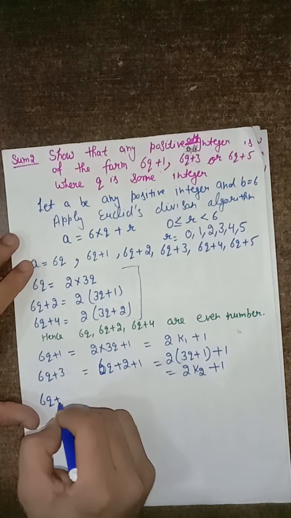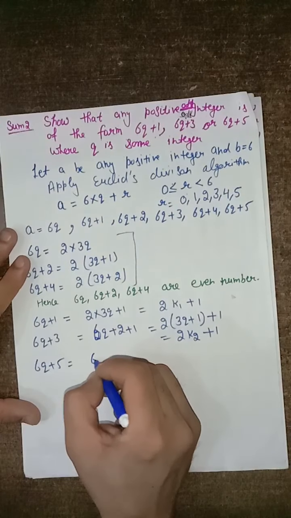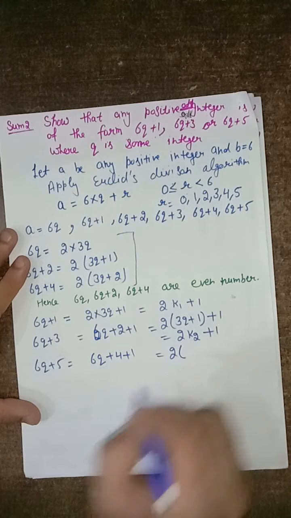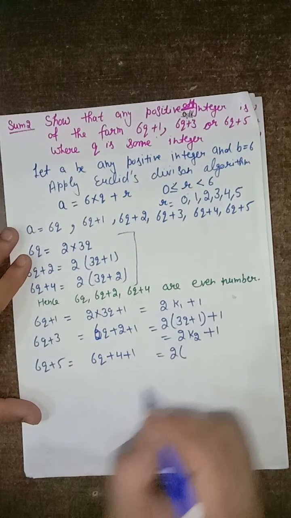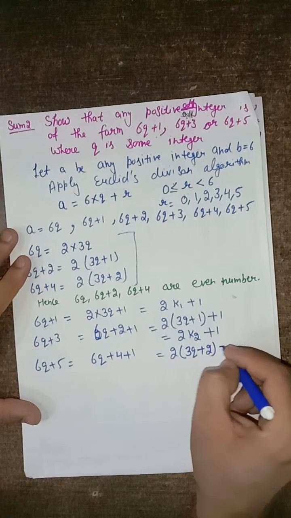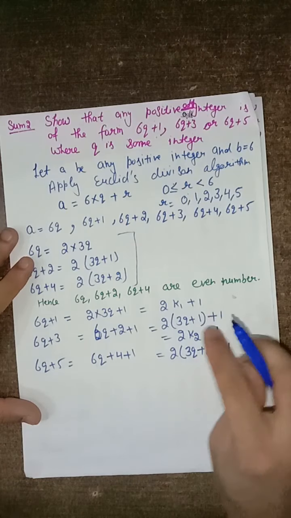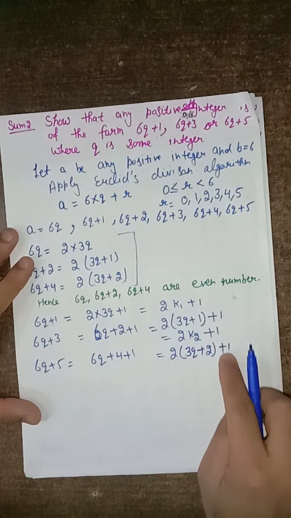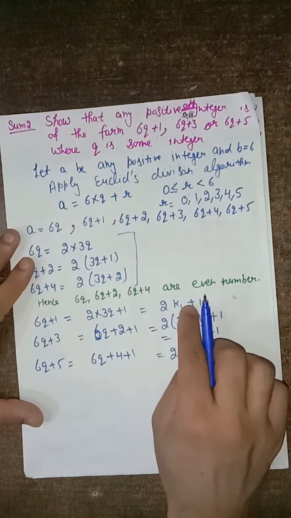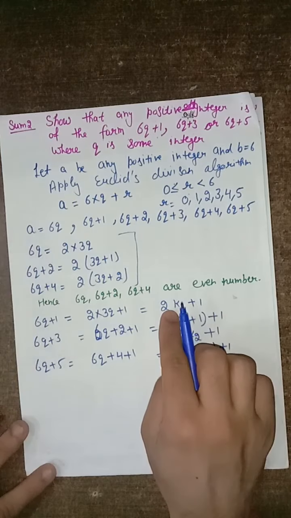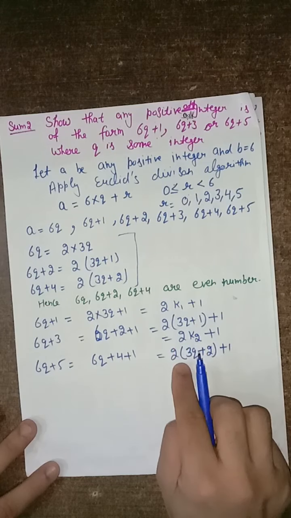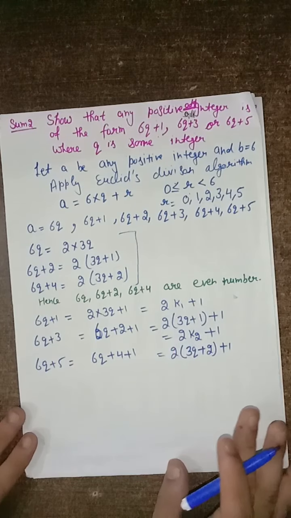And 6q plus 5 can be written as 6q plus 4 plus 1, and when we common out the 2, we are left with 3q plus 2, plus 1. And if you see, these are odd numbers, because 2k is an even number, and if we add 1 to an even number, it becomes odd. Similarly, this is also an odd number and this is also an odd number.